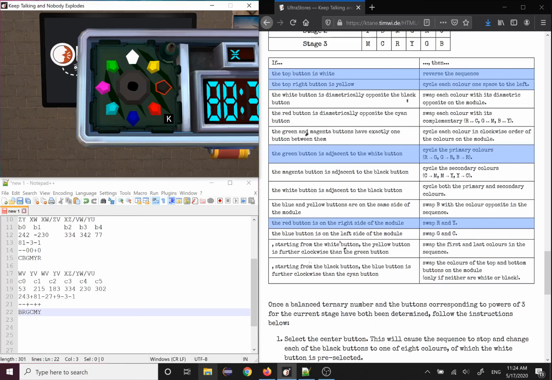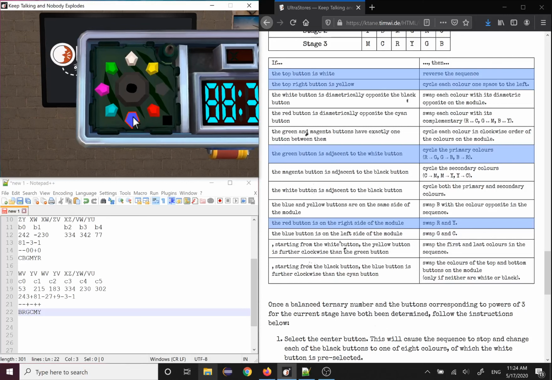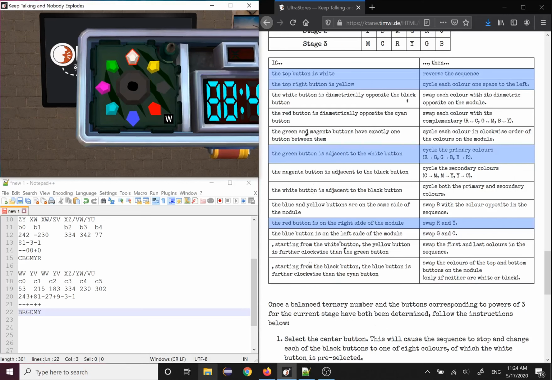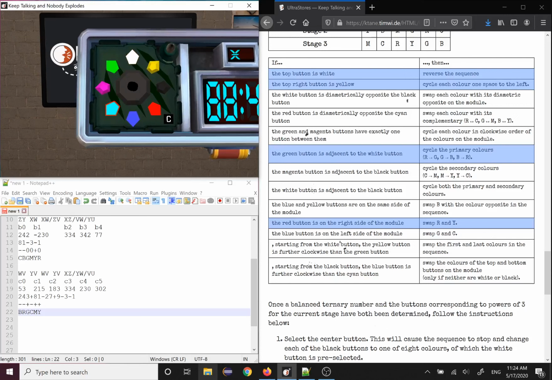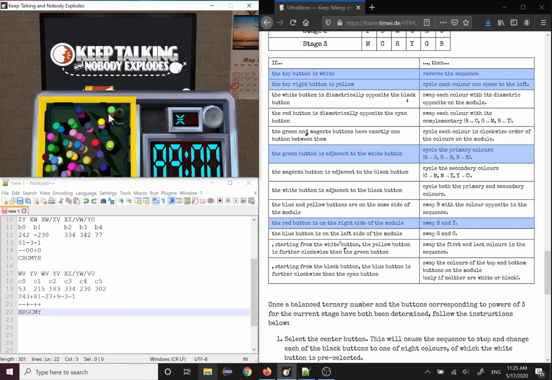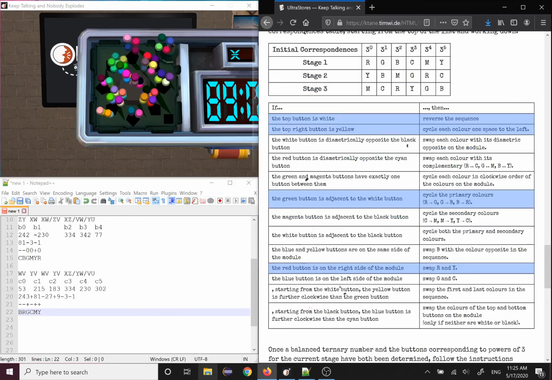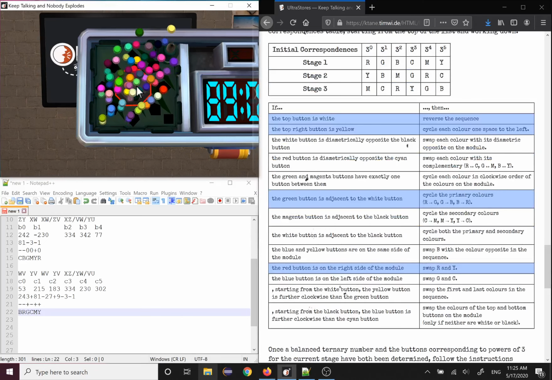So yeah, that is going to be my final answer. Let's hope it works. Okay, I misclicked. I need to go through this whole color order again, I suppose.